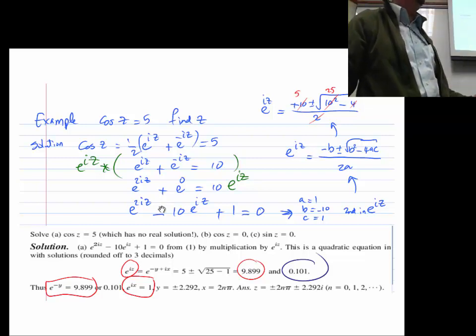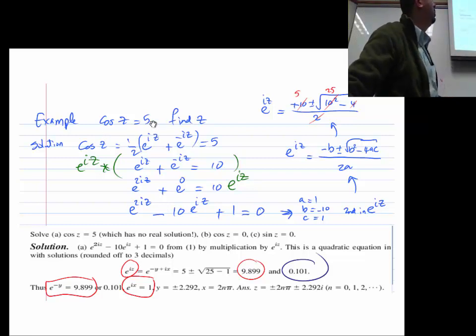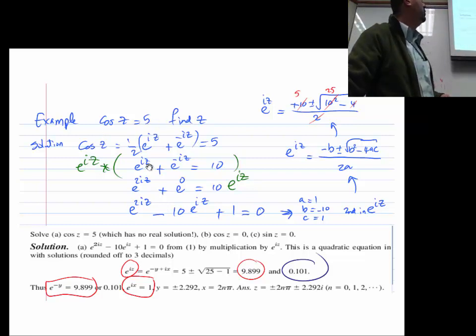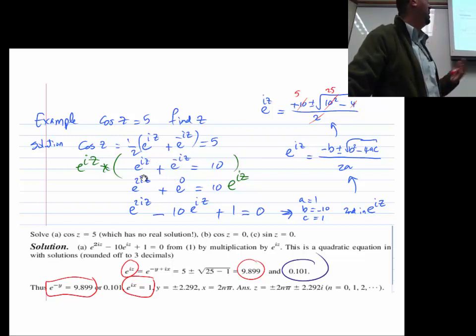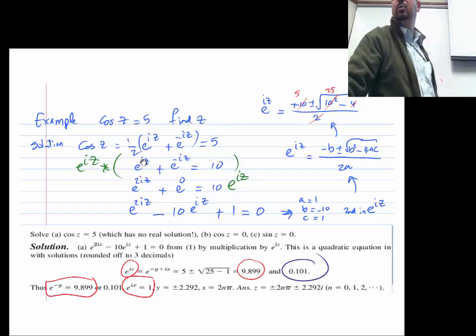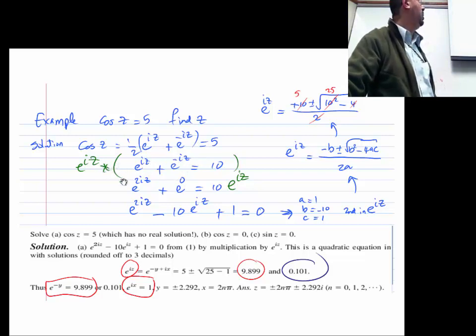But the equation given to us originally was cosine z equal 5, and by using that definition, we are turning it into an equation in e to the power iz. We turn it into a second order equation, rather than e to the power x and e to the power minus x. We said no, let's have it as e to the power x squared.